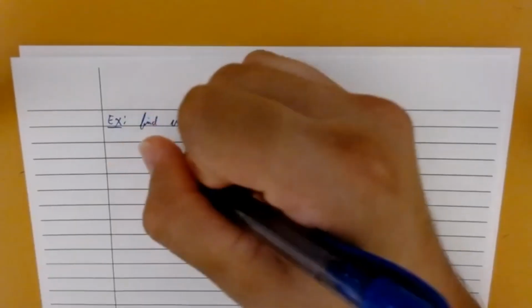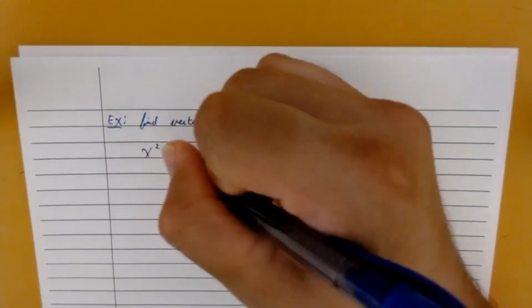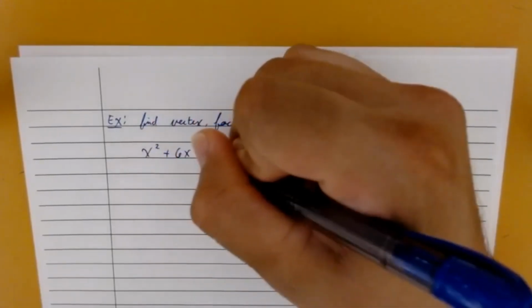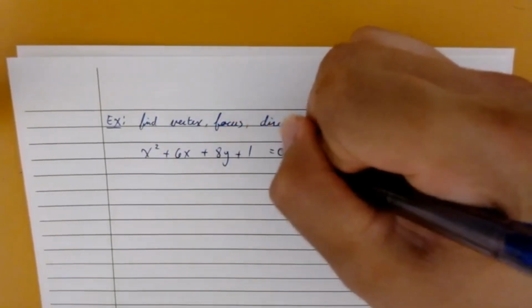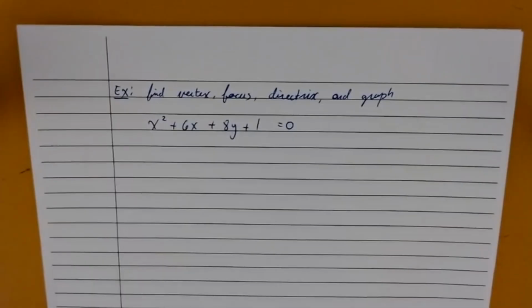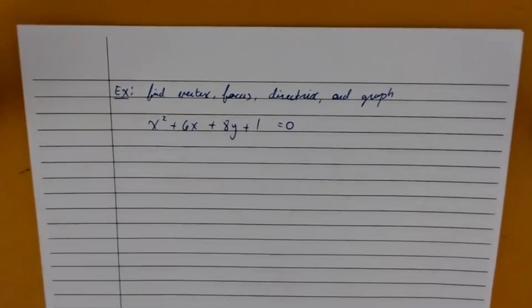And we're going to have x squared plus 6x plus 8y plus 1 equals 0. That is definitely not in the standard form, but we can place it in the standard form by completing our squares.